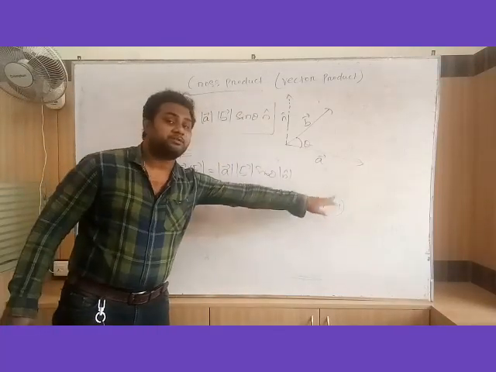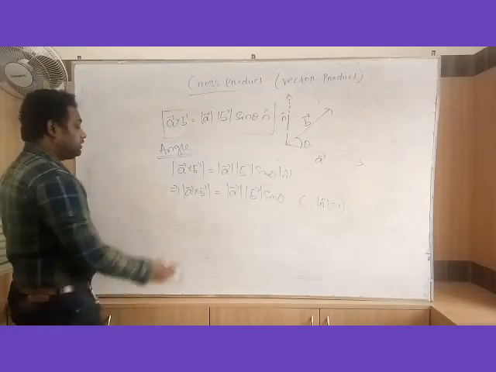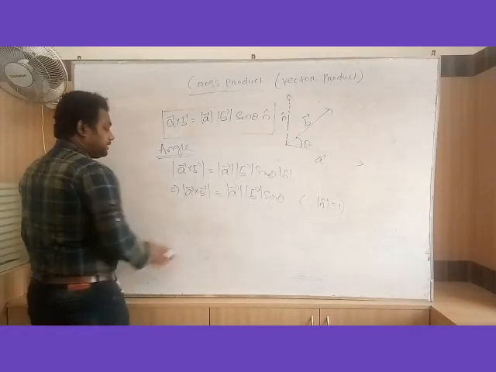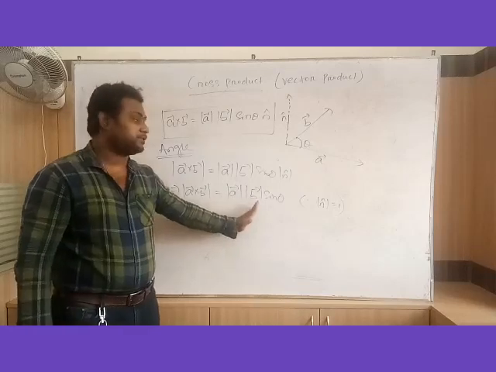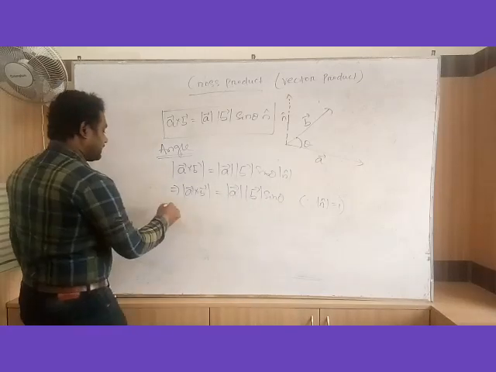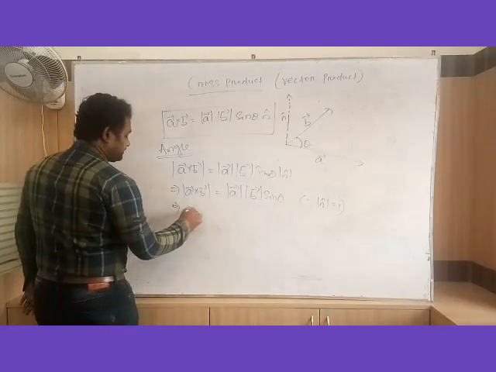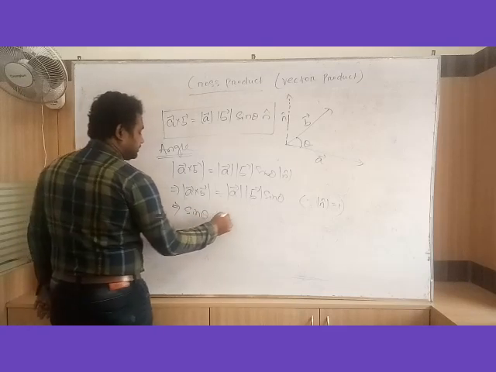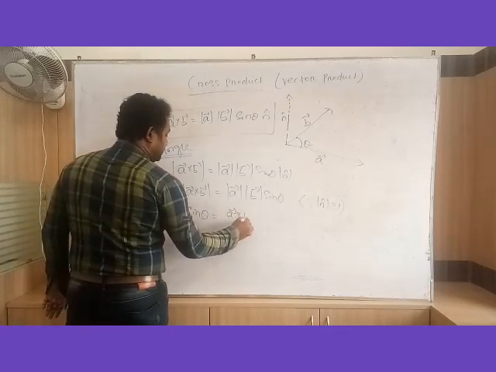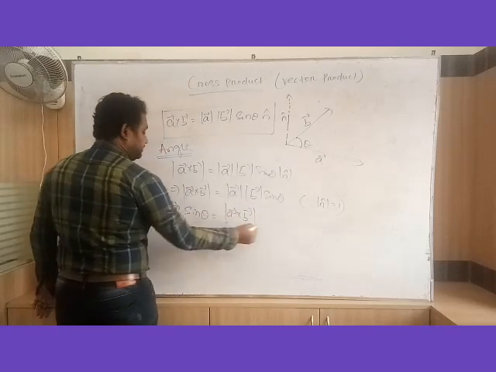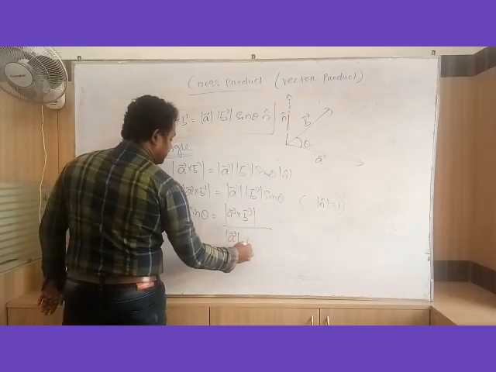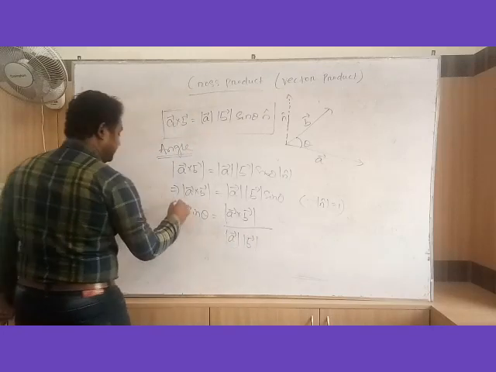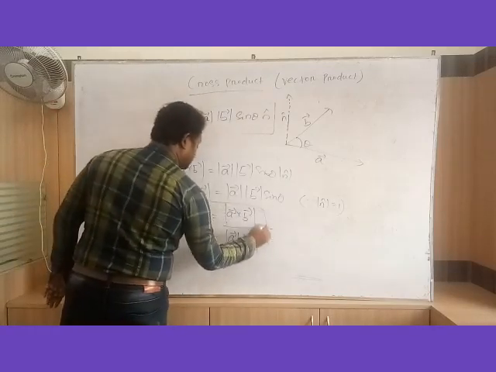So sin theta equals magnitude of A cross B divided by magnitude of A into magnitude of B.